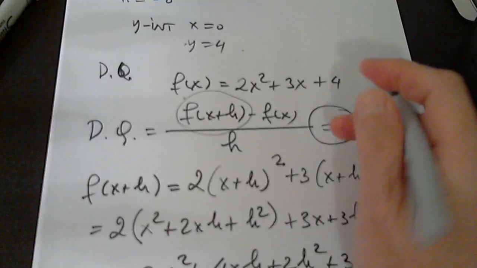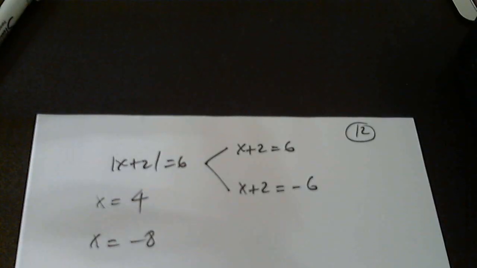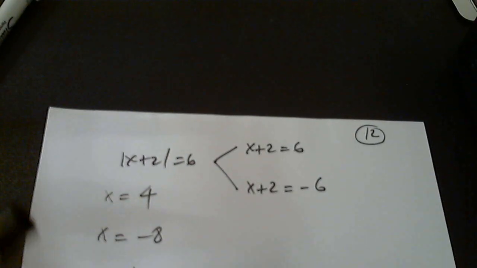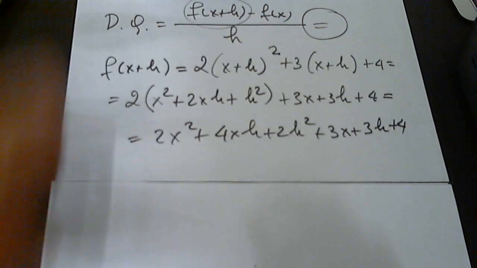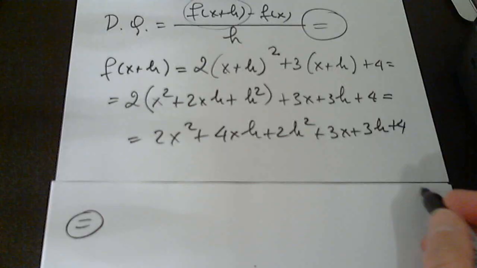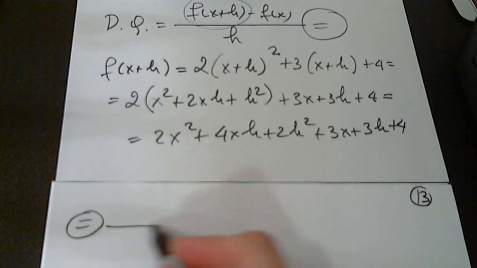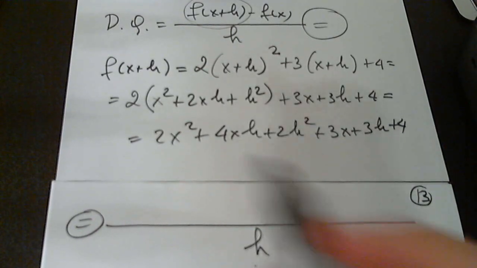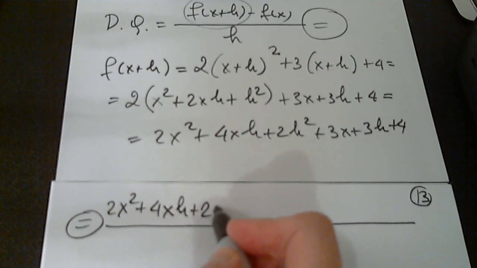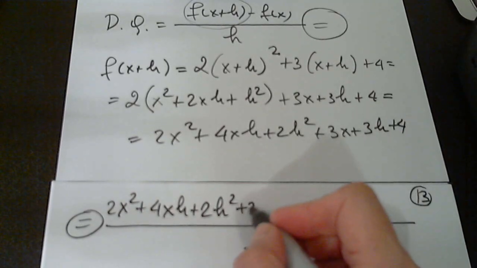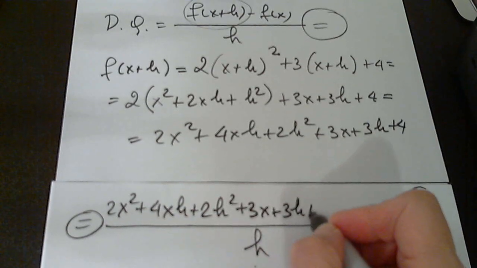So finally, I have that piece. So I'm going to jump over all this. 2x squared plus 4xh plus 2h squared plus 3x plus 3h and plus 4.